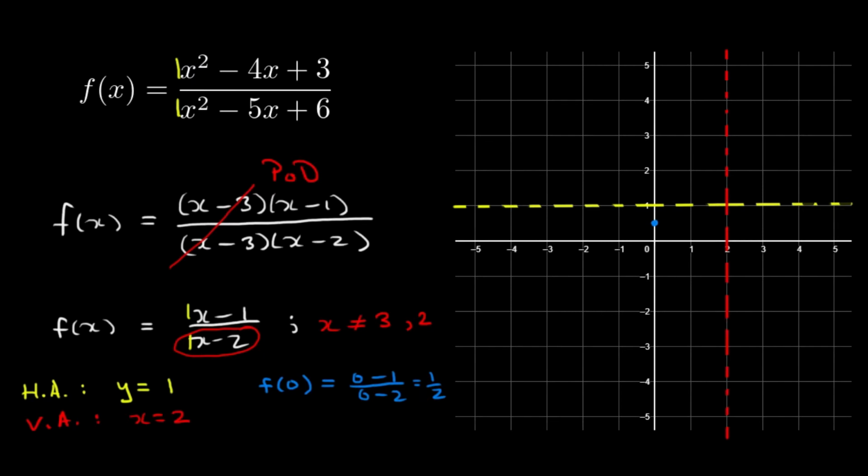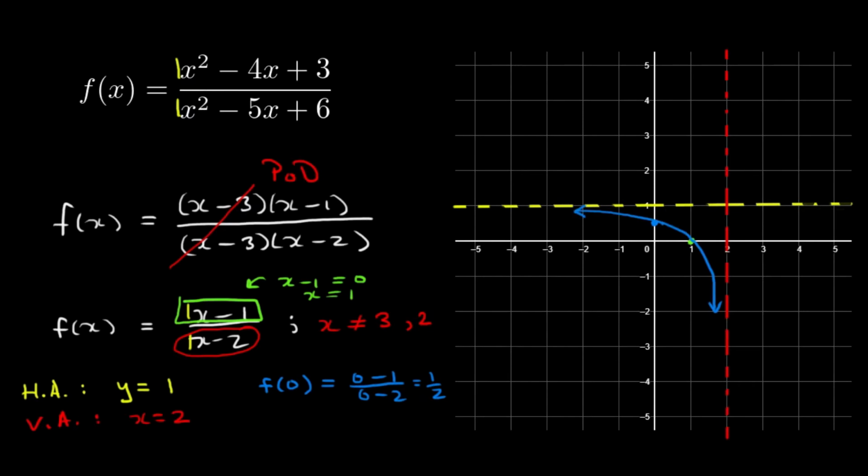And if we're looking for our x-intercept, remember we have to look at the top of our rational function. If we figure out what makes our numerator equal to 0, that's going to be x equals 1. So I'll put it there in green. I think that should be enough to go on. There's one branch of our rational function.